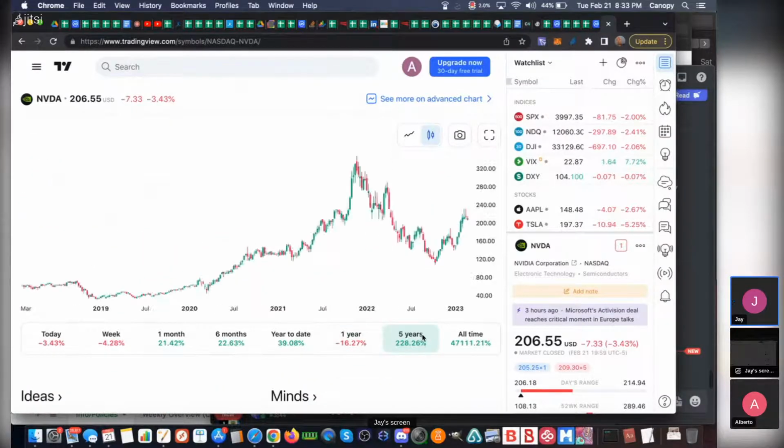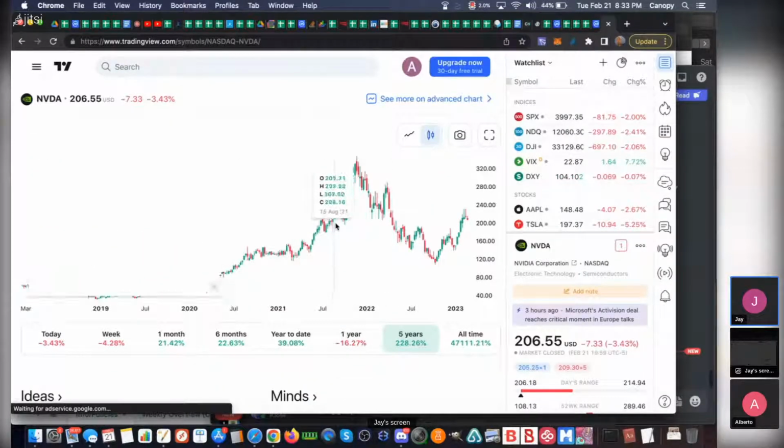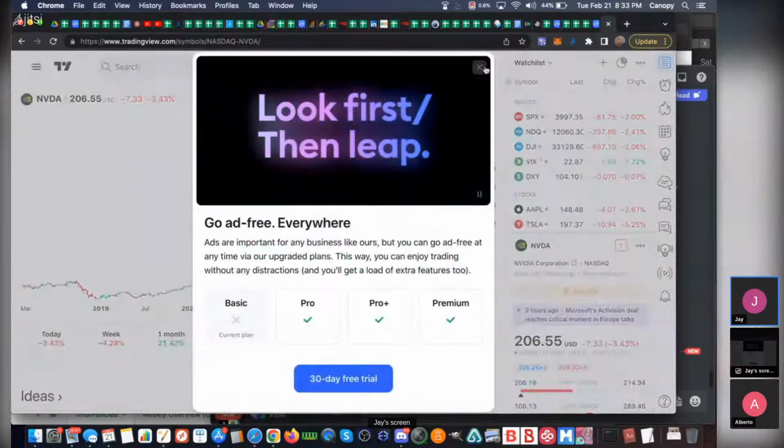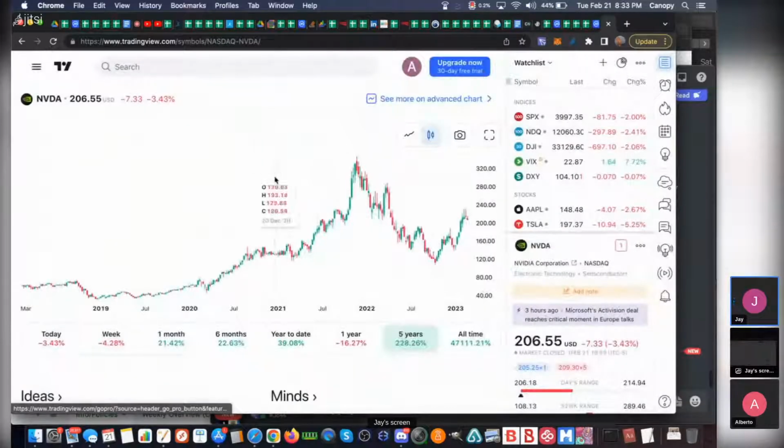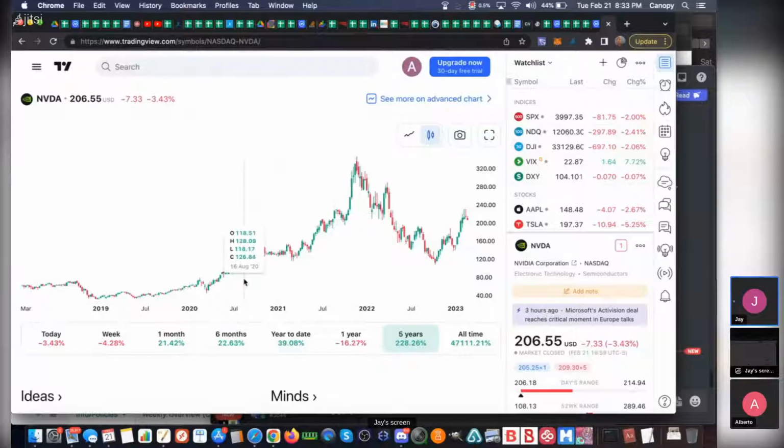So NVDA is a little bit messy. You see how its chart is actually significantly different than all the other charts we've looked at. It went up and it continued to go up during the pandemic. It barely got touched by the pandemic, and then it almost spiked, and then it basically crashed down for a very long time, and now it's going up.